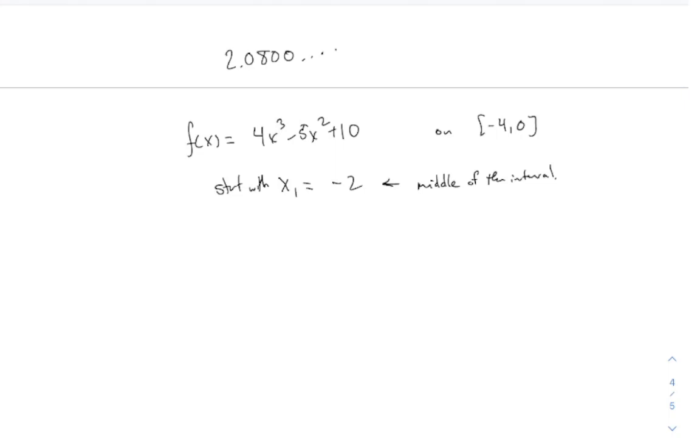But anyway, given that choice, the whole rest of the procedure is the same old thing. You take the derivative here, you get 12x squared minus 10x, and then you plug everything in. So x2 in this case would have been negative 2 if you start with negative 2, minus f of negative 2 over 12 times minus 2 squared minus 10 times minus 2. Sorry, that's the bottom. I'll just move that down a little.